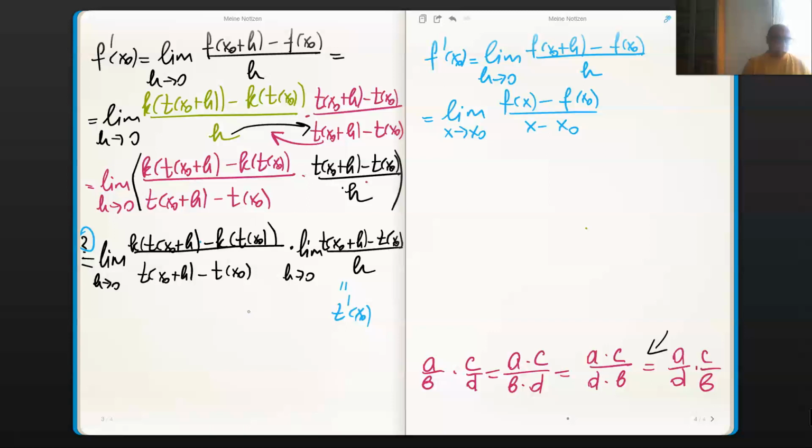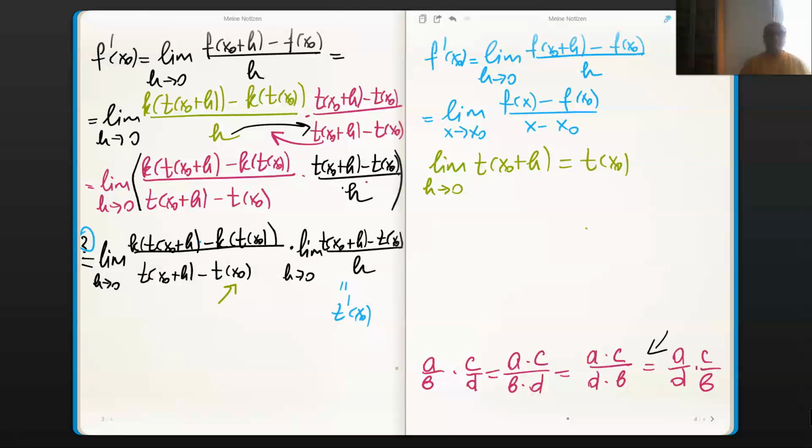Well, if we look at this limit, and maybe we do one pre-move, as we do it in chess, if we consider limit h towards 0 of t of xo plus h, and we know that the value of t of xo does exist, then we can easily put h equal to 0, and the result is t of xo. So we have no troubles to run h towards 0.